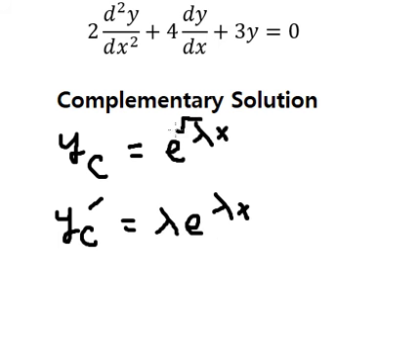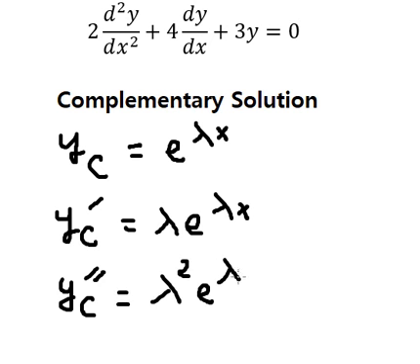We keep the same e to the power of lambda s, then we take the derivative of lambda s, and you get lambda. Now we go to the second derivative of yc, and we have lambda square e to the power of lambda s.